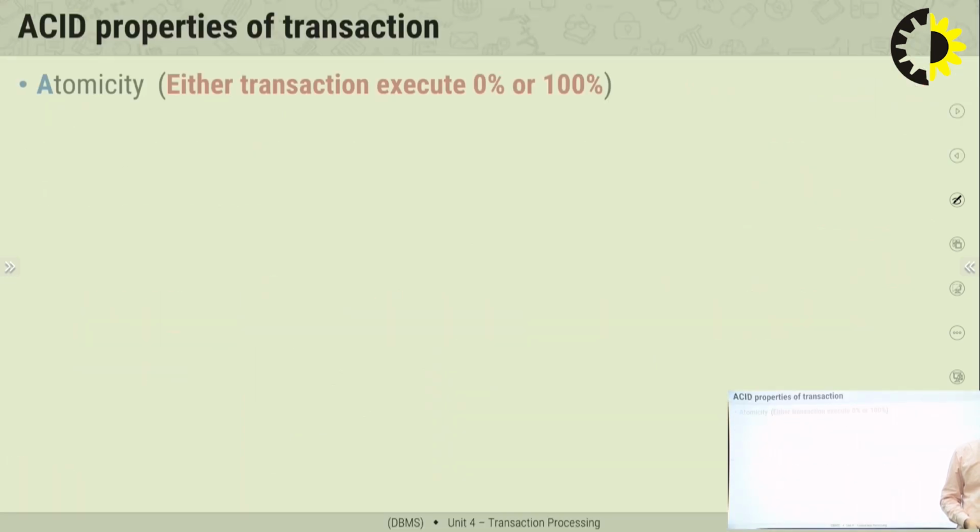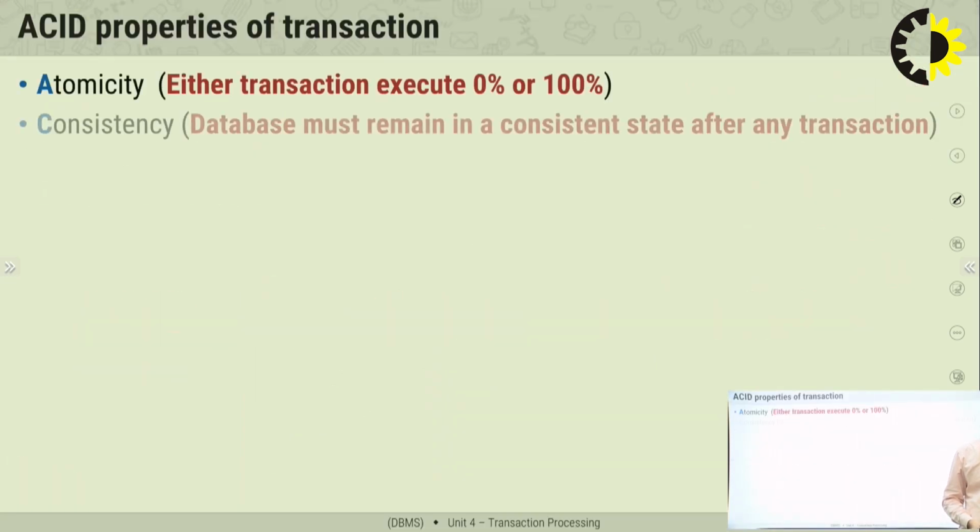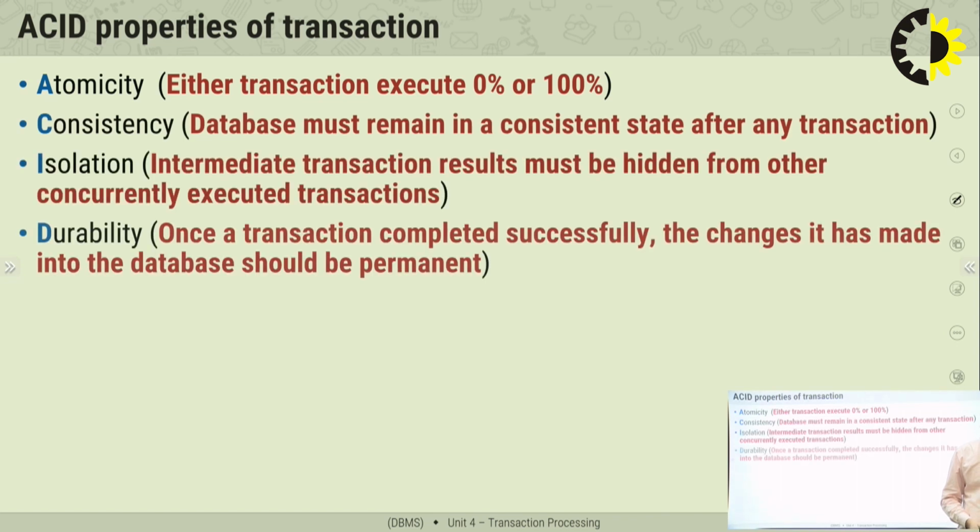Now what are the ACID properties of transactions? A stands for atomicity, C stands for consistency, I stands for isolation, and D stands for durability.